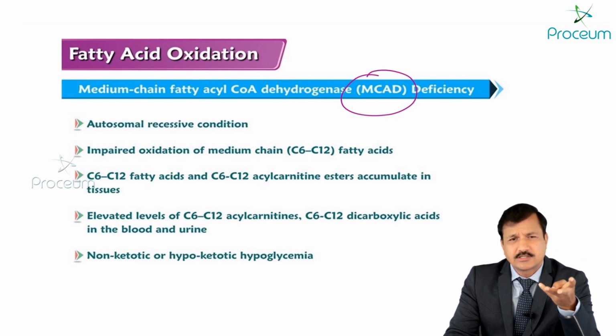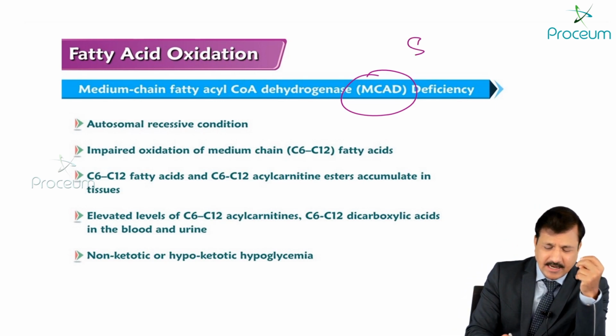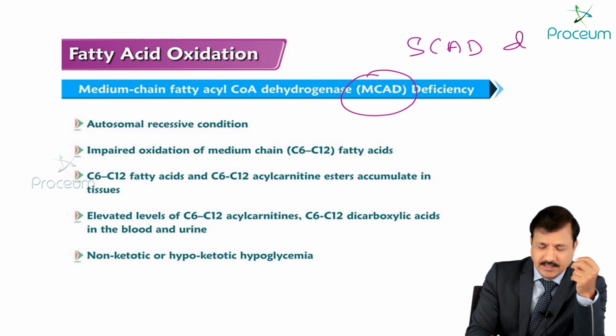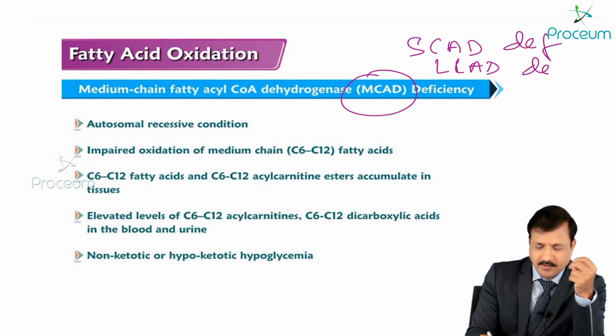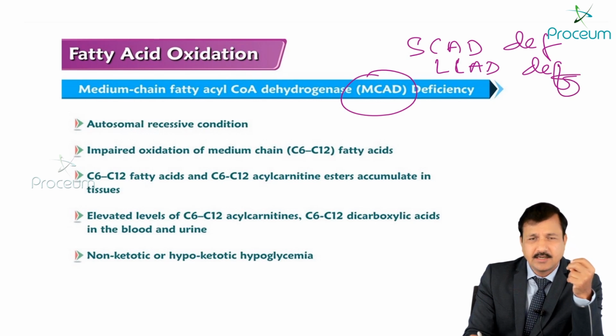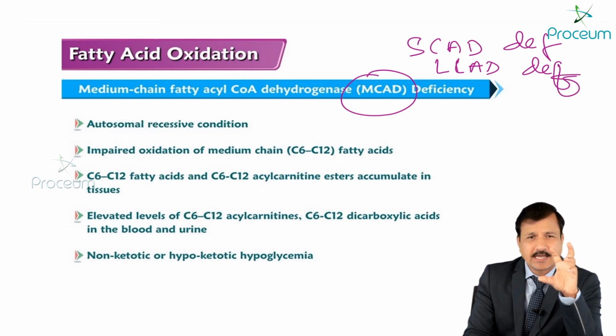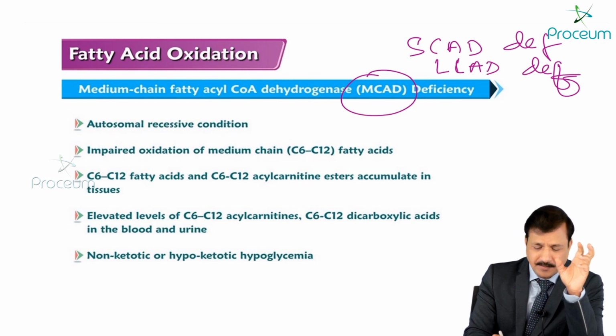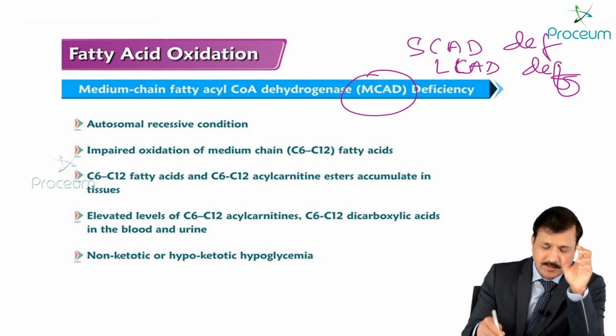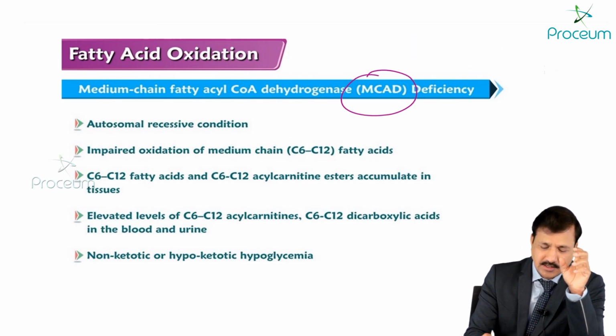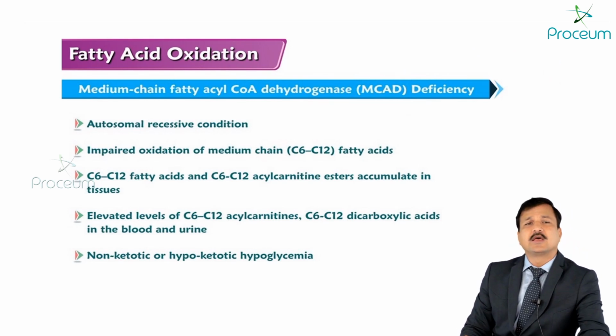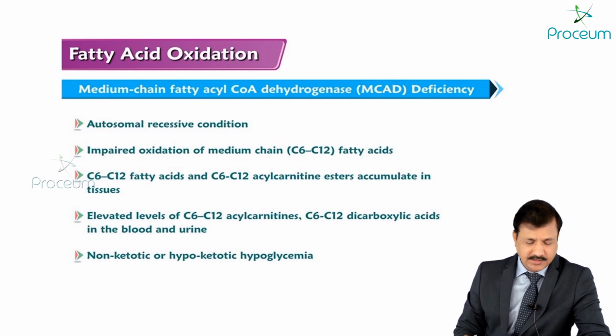Others are short chain fatty acyl-CoA dehydrogenase deficiency and long chain fatty acyl-CoA dehydrogenase deficiency, written as SCAD deficiency or LCAD deficiency. Those are also there, but out of all these, SCAD, LCAD and MCAD are the most common ones.